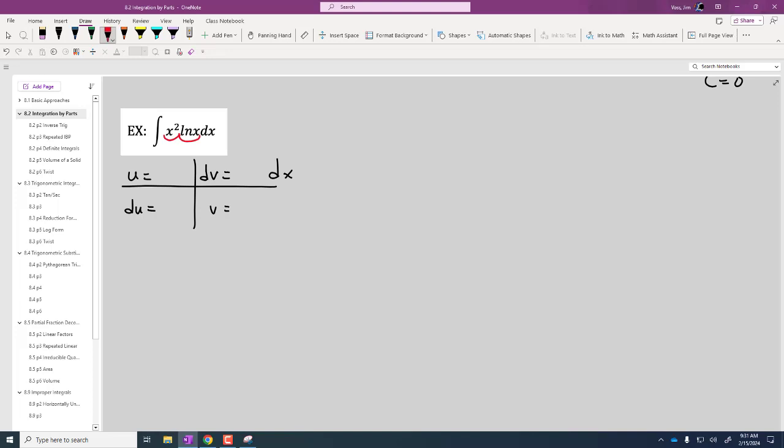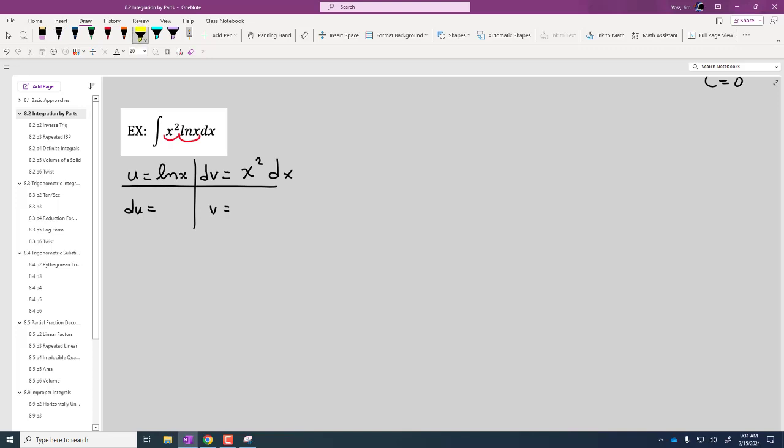You could do that. But usually, x squared is more easily integrable than natural log of x. So this would be the natural choice, to separate your product that way.